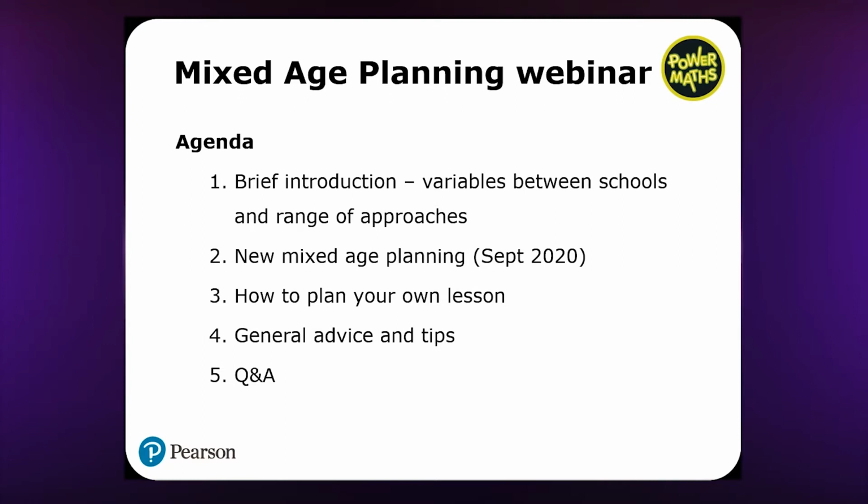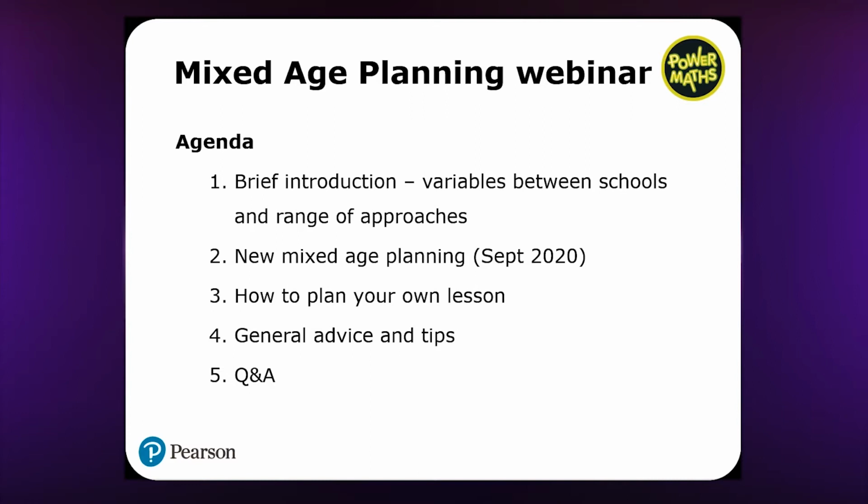How does that work with a mixed age class? I know that mixed age teaching is never completely straightforward. There are always lots of things to consider, but I hope that everything that we're going to be talking about today is going to be really useful. Just thinking about those different kinds of challenges.